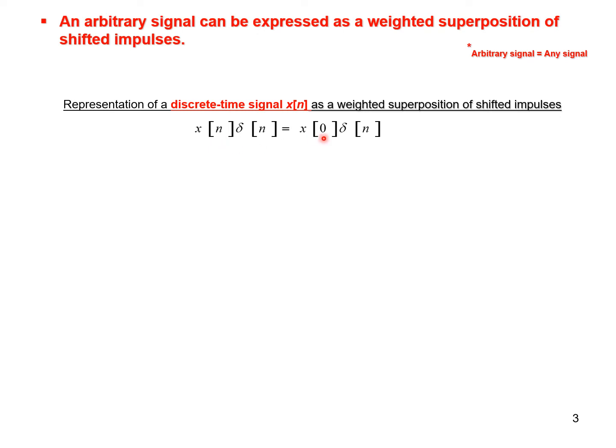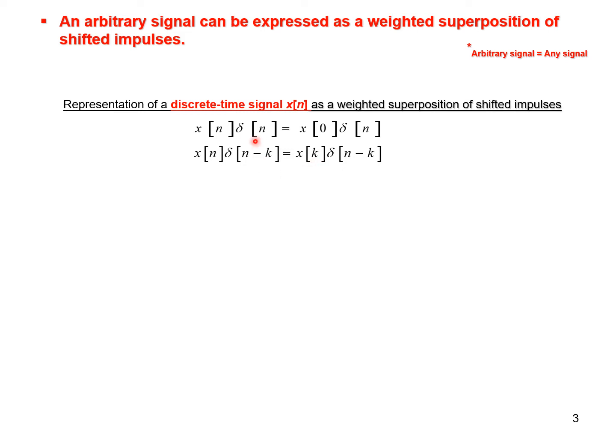Entire signal becomes a single sample signal at the origin with the amplitude being the original value of the signal at the origin. Suppose I multiply the signal with a shifted impulse, x of n into delta n minus k. K is a shift given to the impulse function. Then once again that signal will be another impulse at that shifted location, with the amplitude being the value of the signal at that instant k.